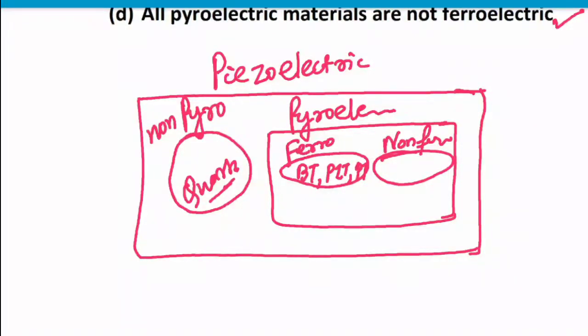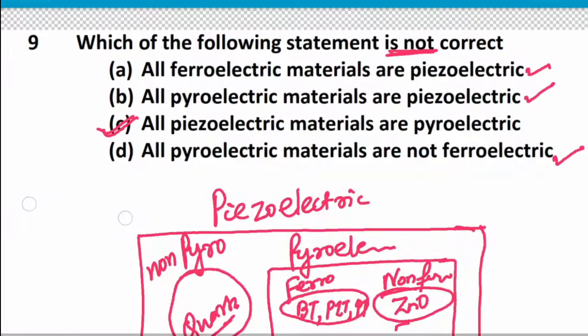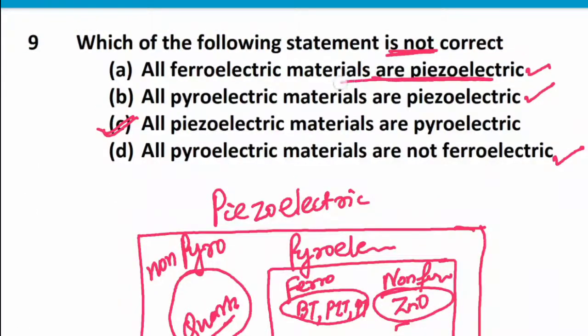An example of non-ferroelectric is ZnO, that is zinc oxide, which is very useful in LED or any semiconductor applications. So here all ferroelectric metals are piezoelectric. This is the subset of piezoelectric.